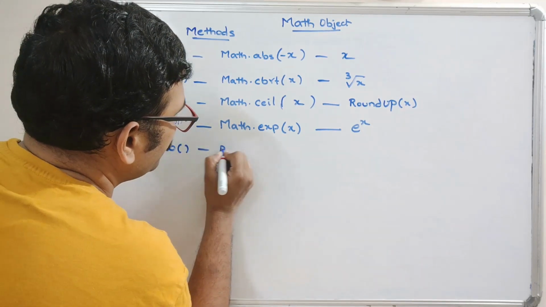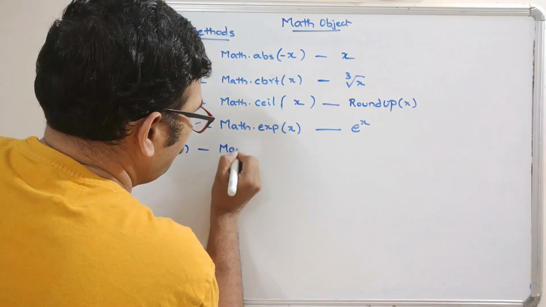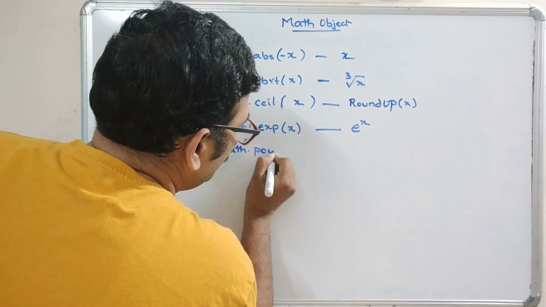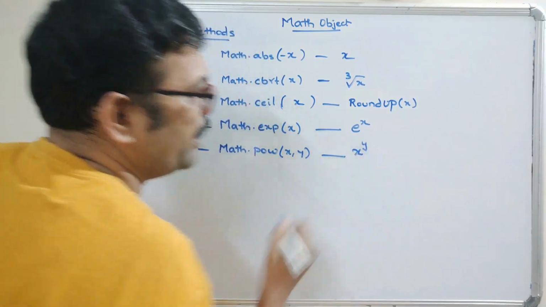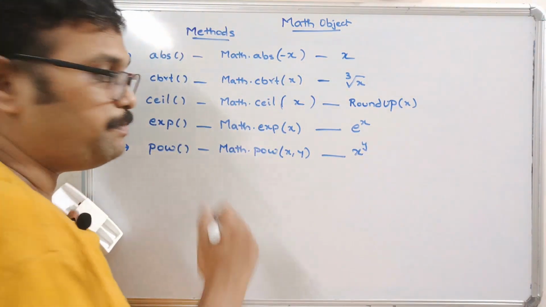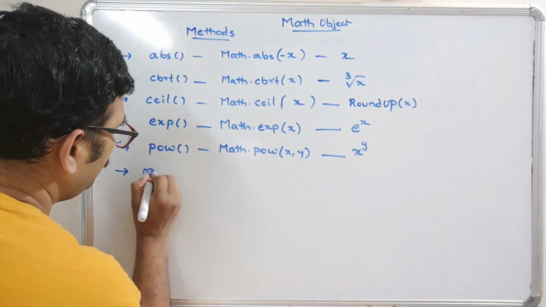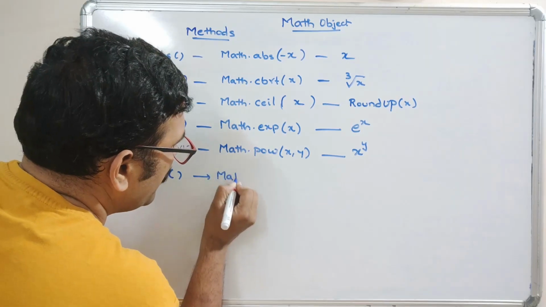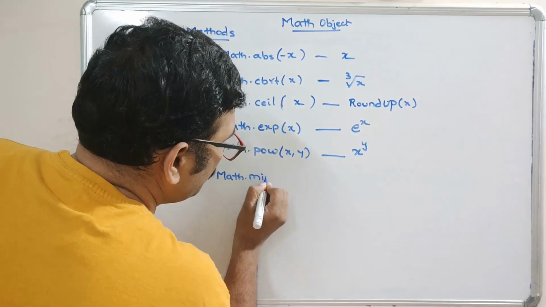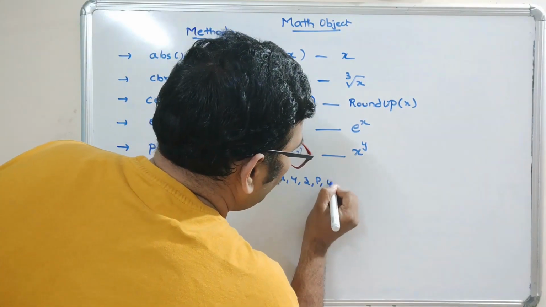Power function. Here Math.pow of x comma y will return x power y. Minimum function: Math.min of x, y, z, p, q.